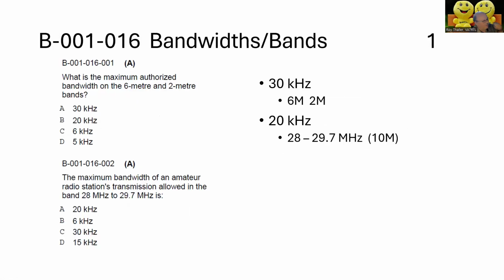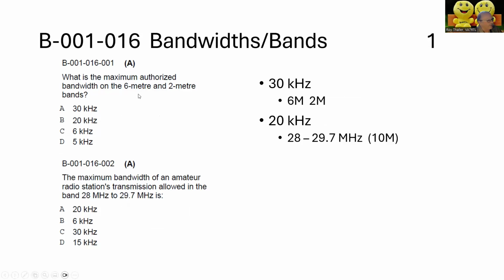One of the things here is that when you transmit a signal, let's say you set your frequency to 7 megahertz on your radio. Your signal is not going to be just at 7 megahertz. You have to add on the amount of your bandwidth, and that's going to depend on what kind of modulation you're using.